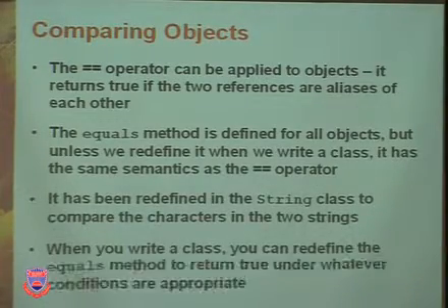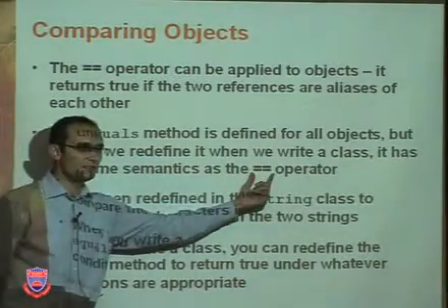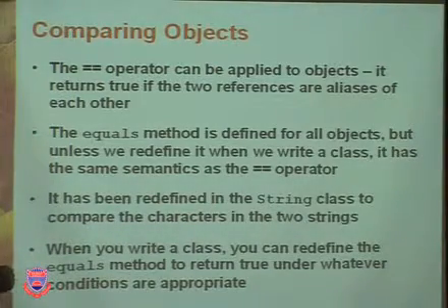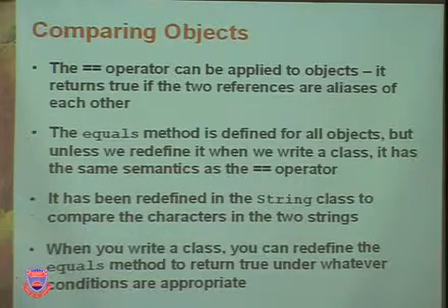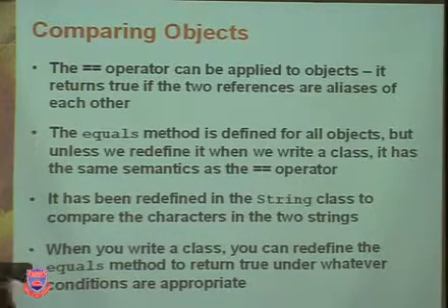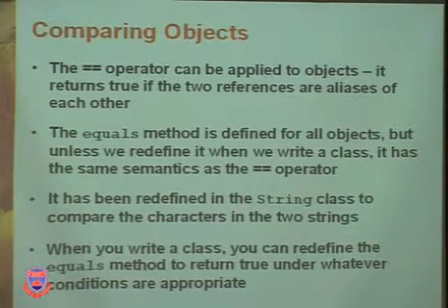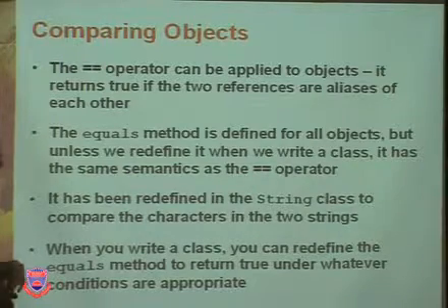Comparing objects, if you recall, we never use the equal operator in comparing objects unless you're referring to the same memory location. If you're referring to two different objects and you would like to compare their internal representations, what you would like to use is the equals method. And if you define a new class, you would like to define your equals method for that specific class as well.